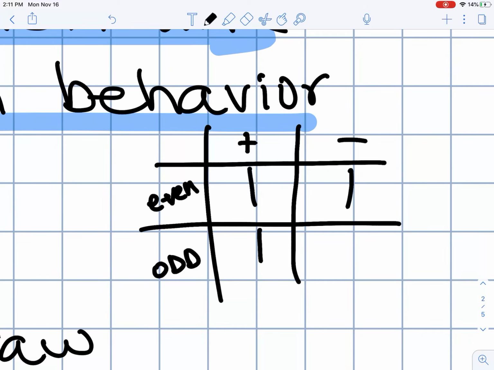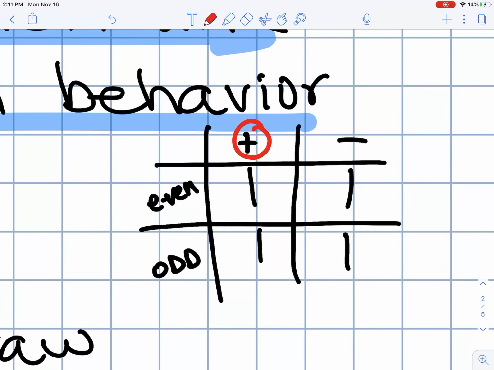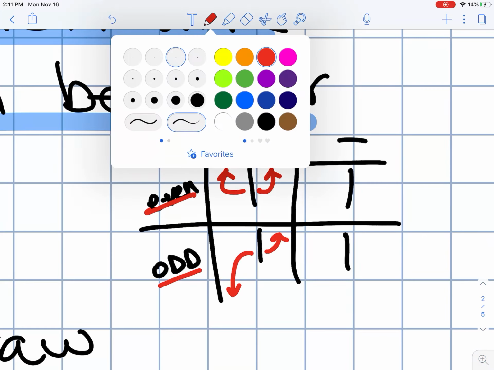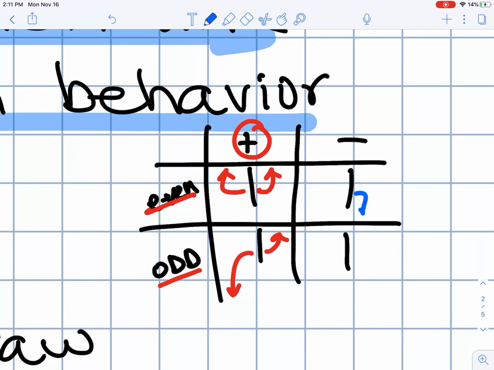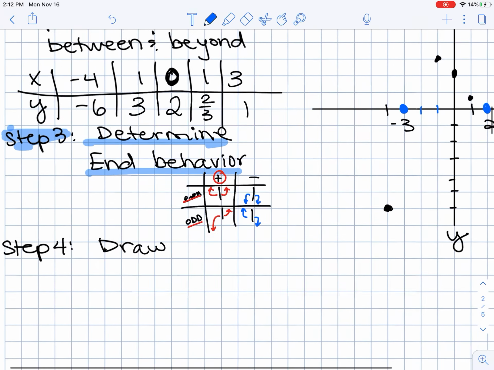If it's positive, it always ends up. If it's even, they match. If they're odd, they go opposite. Similarly, if it's negative, it's going to end down. If they're even, they match. And if they're odd, they go opposite. So we're going to use that little chart that we learned before and evaluate our end behaviors.